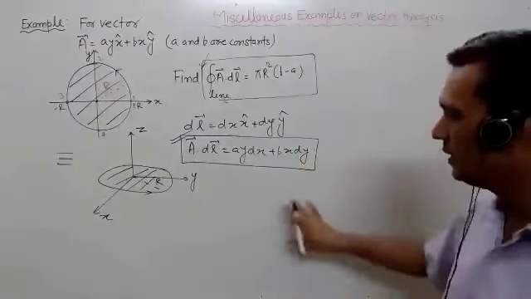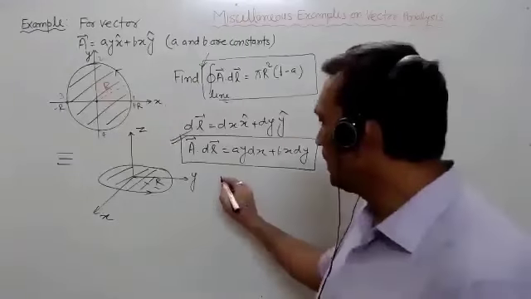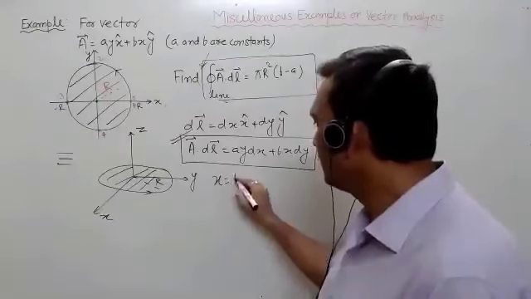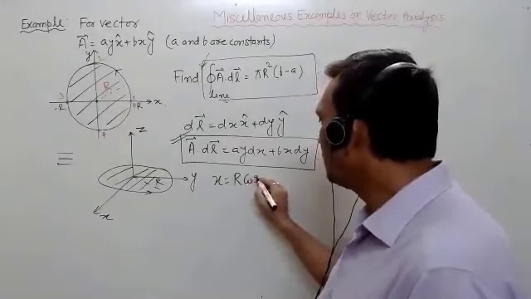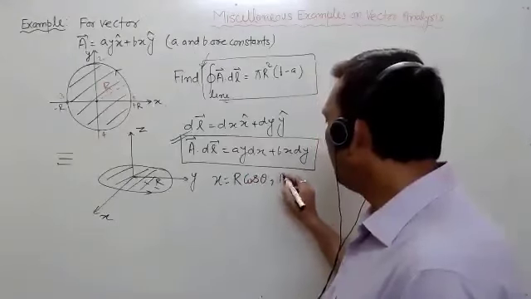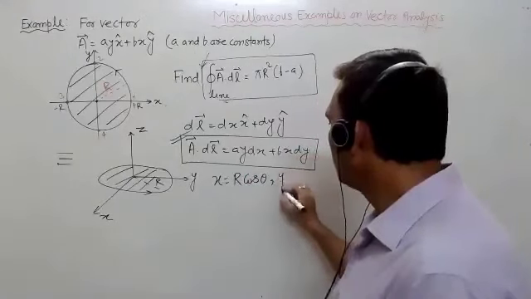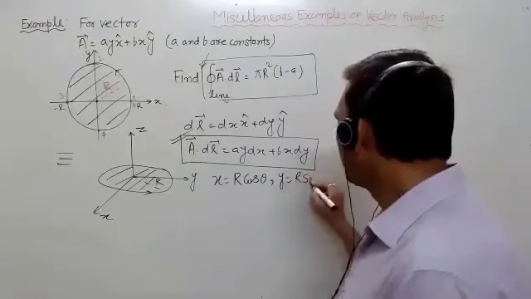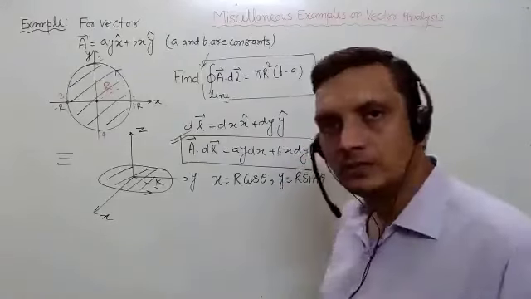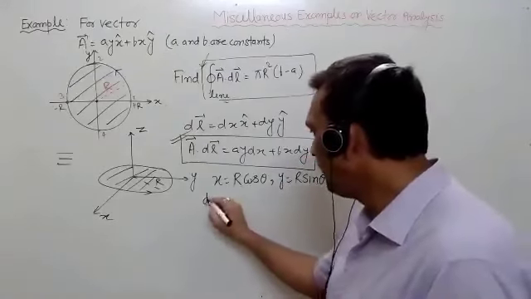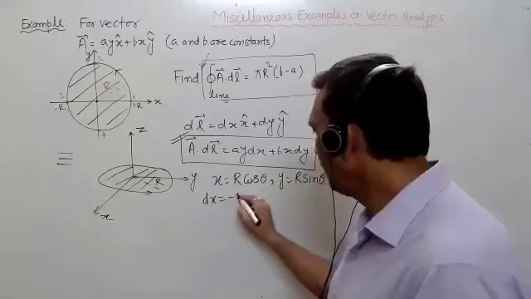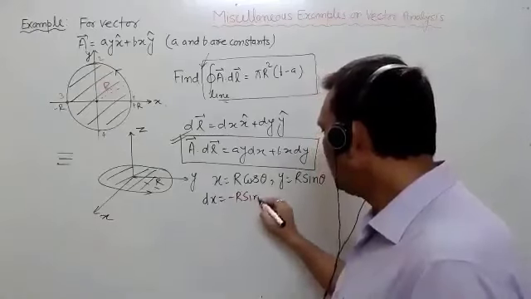How you will convert? You know the conversion. x is r cos theta and y is r sin theta. So what will be dx here? Minus r sin theta d theta.